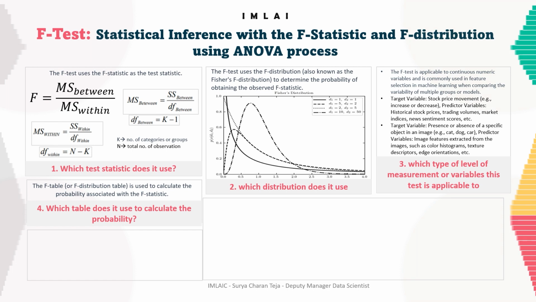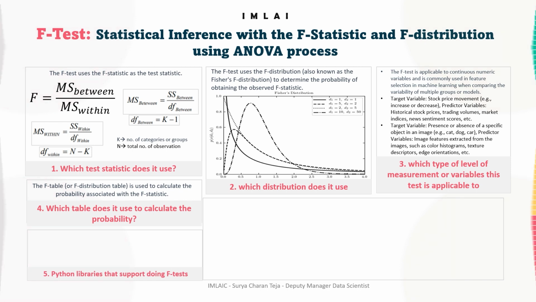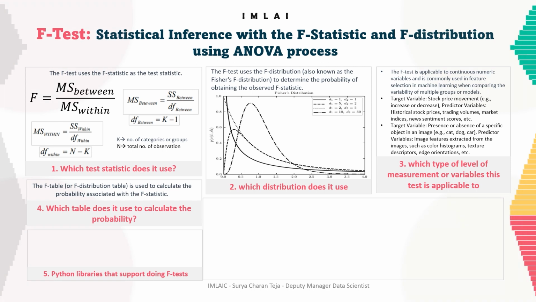So as we have said libraries, what libraries can we use with respect to Python? Python libraries that support doing F tests. The first one is SciPy. The module scipy.stats provides the f_oneway function for one-way ANOVA, analysis of variance F test.